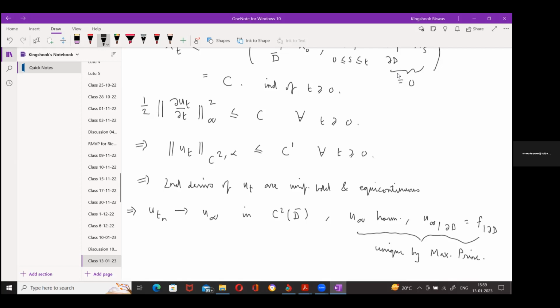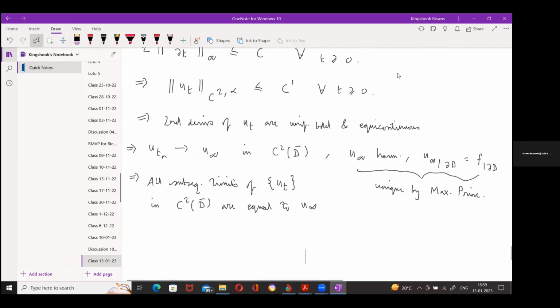That means that all subsequential limits of UT in C2 norm are equal to U infinity.